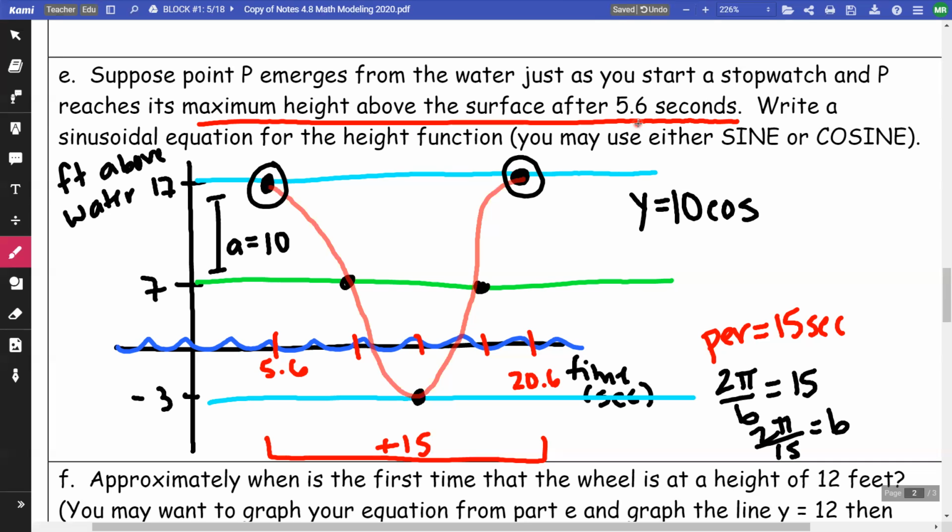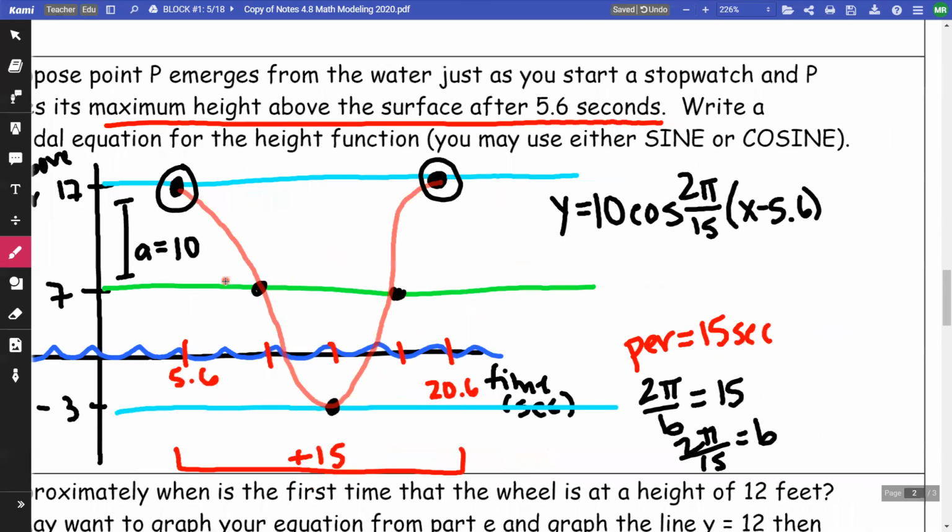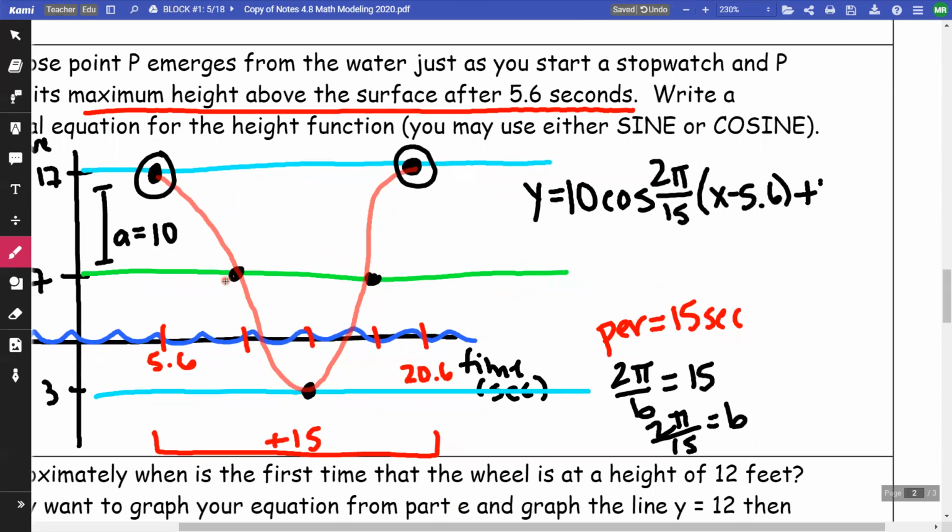So that's going to be my b, 2 pi over 15. And again, I'm starting at this 5.6. That's the first value I'm going to be graphing. So I'm going to go x minus 5.6. And then my k is 7, because that's my vertical shift, plus 7. And so that's my equation.